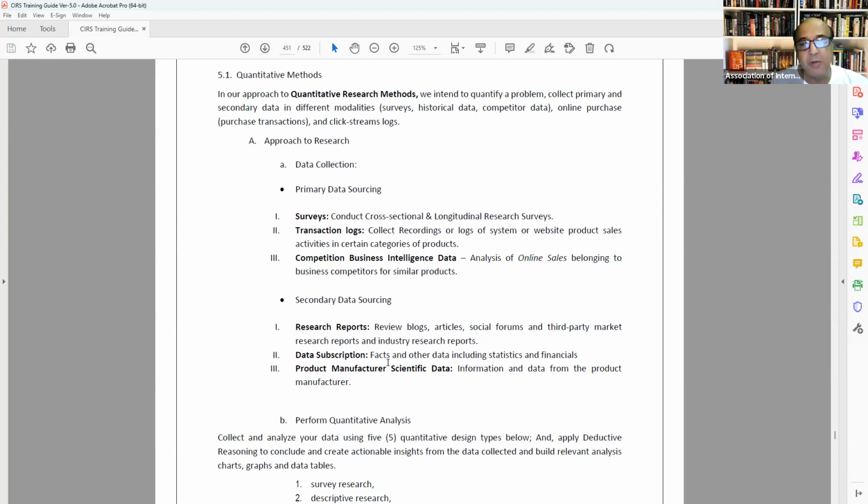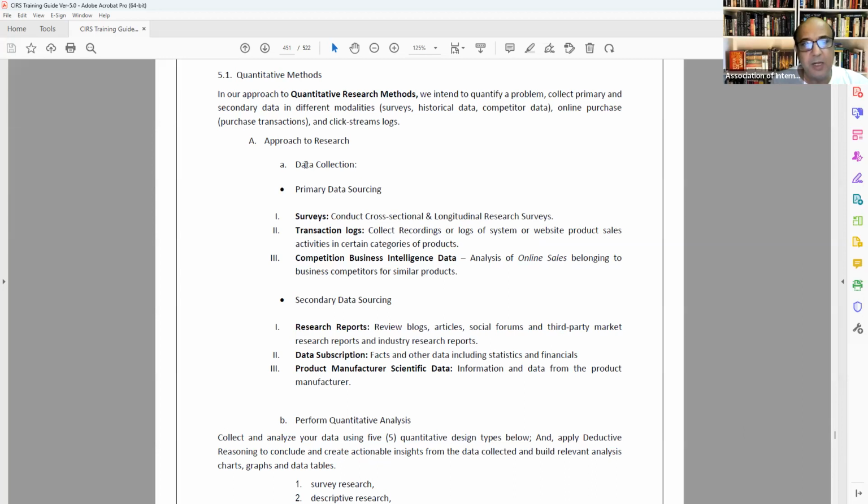Data subscription, you're going to collect facts and other data, including statistics and financials. Product manufacturing scientific data, information and data from the product manufacturer, whoever their vendors are, or those that are putting that product for them from the factory. Is it OEM or branded, non-branded, whatever it might be? That's all going to be secondary data sources.